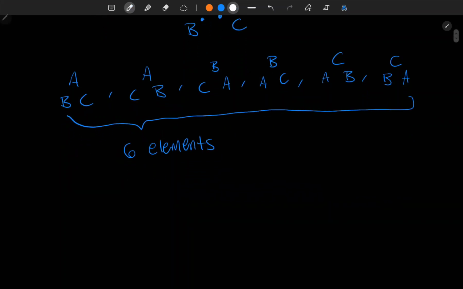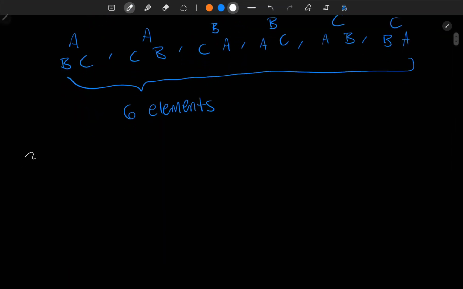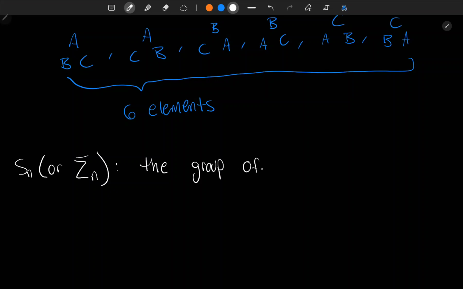This group is called the permutation group of 3 elements. So it's often labeled Sn or sigma n by some people. I'll be calling it Sn. So Sn is called the group of permutations of n distinct things.